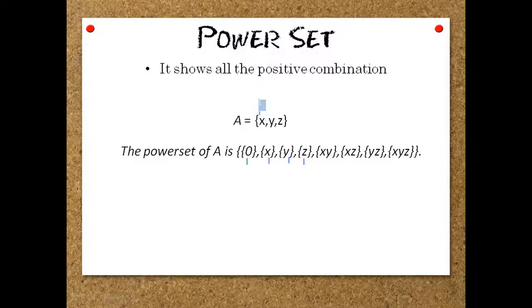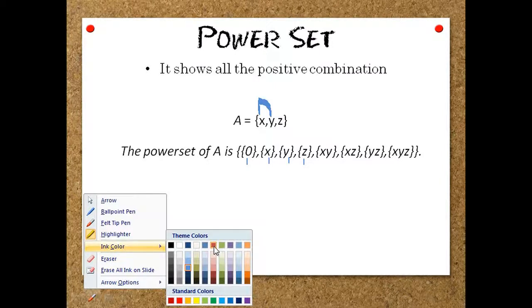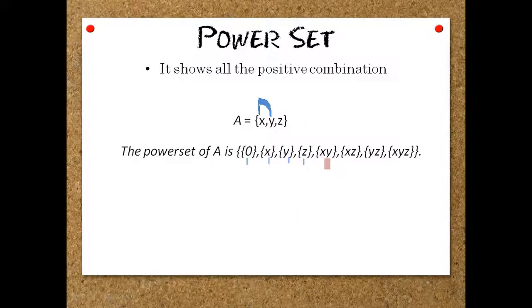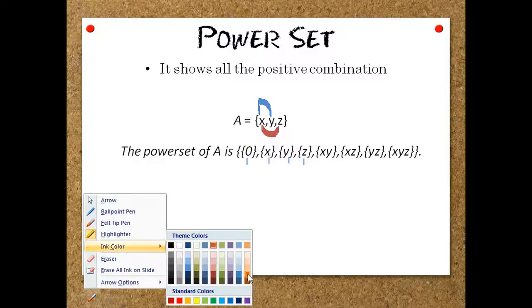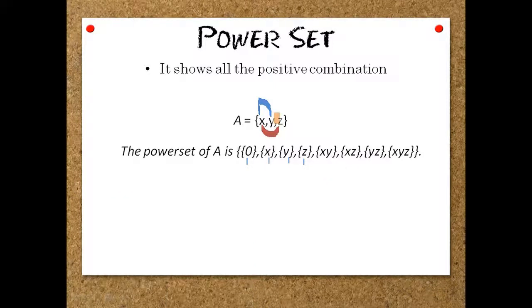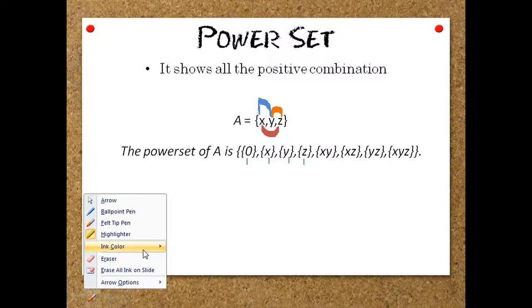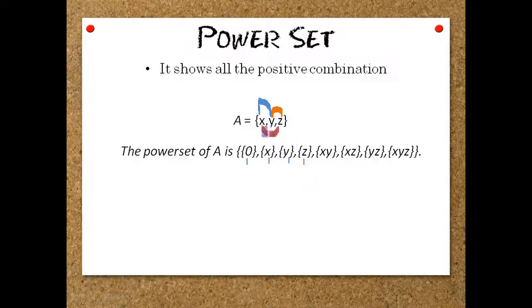And the next thing is that we have X and Z. Alright, the next thing is that we have Y and Z. Okay, the last thing is that we have X, Y, and Z, which completes our combinations for this set.